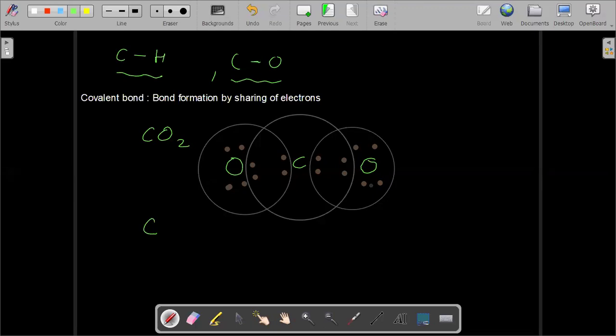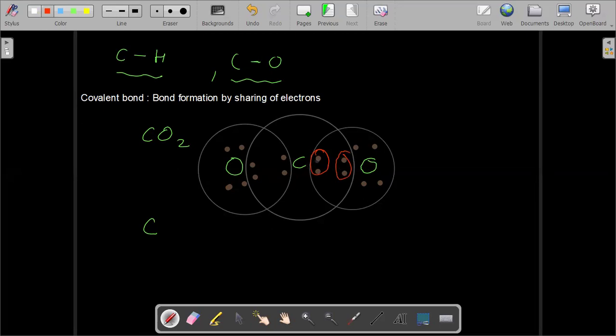One very important condition for covalent bond formation is that the number of electrons shared by each of the two combining atoms will remain the same. It simply means, if this carbon is sharing two electrons with this oxygen, this oxygen will also share two of its electrons with this carbon.